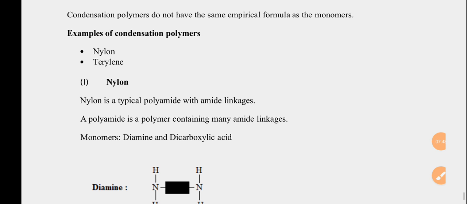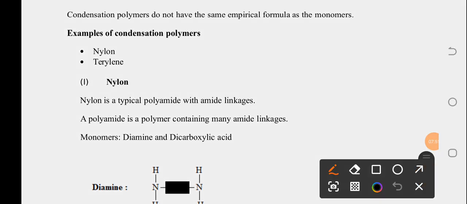So let's look at some examples of condensation polymers. When we were talking about addition polymers, we looked at some examples of addition polymers, so we are also going to look at some examples of condensation polymers.